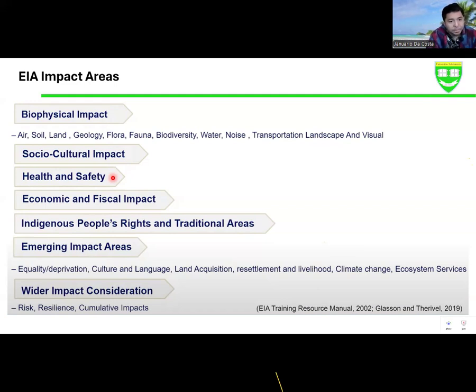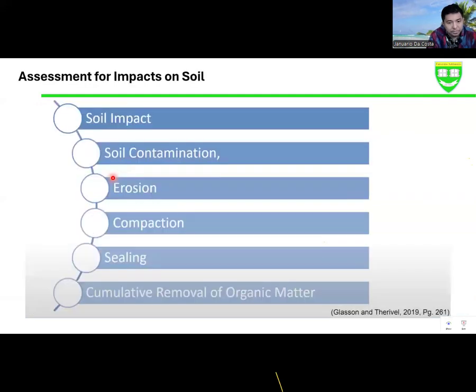All right, let's talk about soil. For example, if you talk about the assessment for the impact on soil, you talk about the contamination of soil. How does your project contribute to the soil contamination? How does your project contribute to the erosion of the surrounding areas?